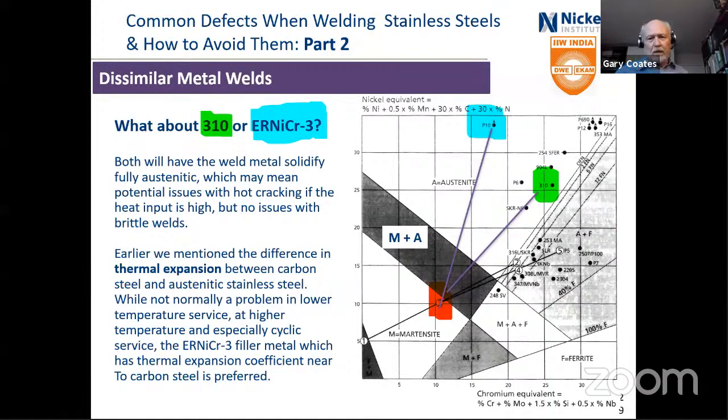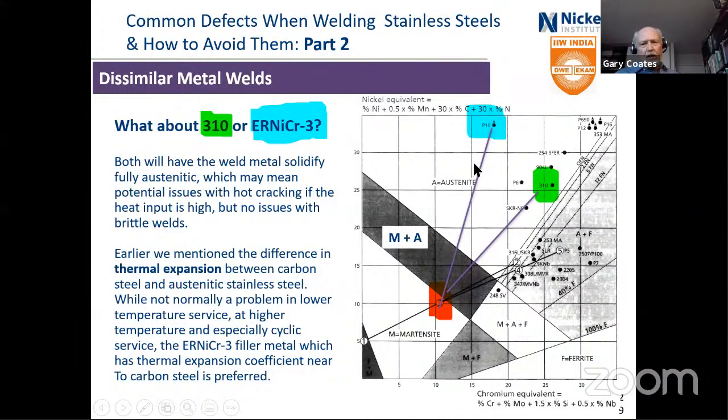So it is possible to be done, but it isn't easy. And if we take the nickel-based filler metals, they're here, and many of them are even off the chart here. Again, you draw the line to here. So typically the weld metal will fall in this range, again, fully austenitic, and the same issues.